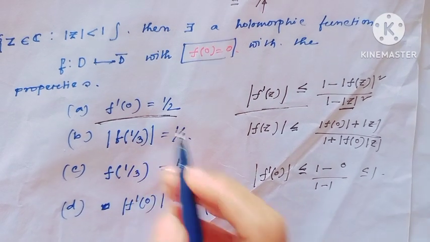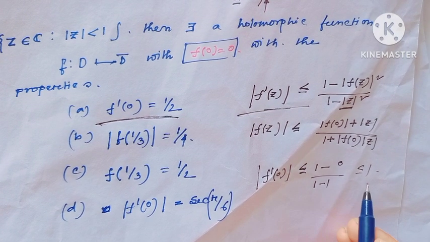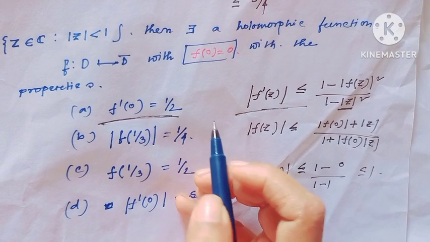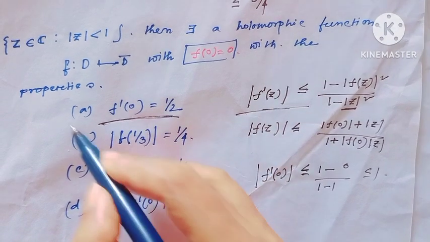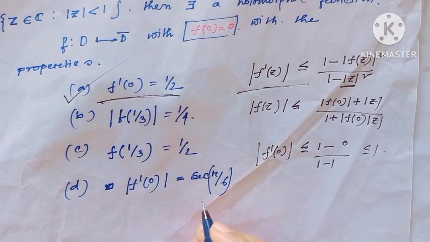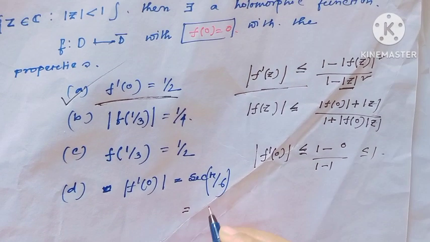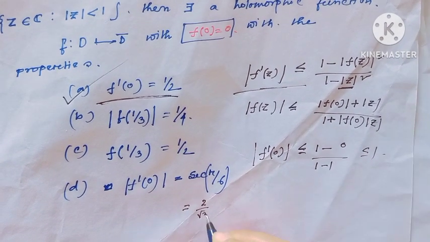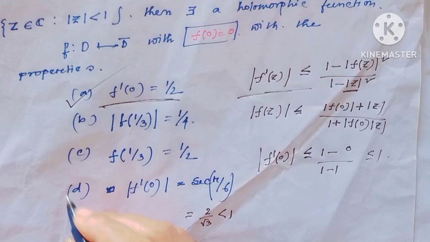That means f prime 0 is less than or equal to 1, and half is also less than or equal to 1. So this is the right option. F prime 0 equal to sec pi over 6: this value is 2 over root 3, which is not less than 1. So this is the wrong option.